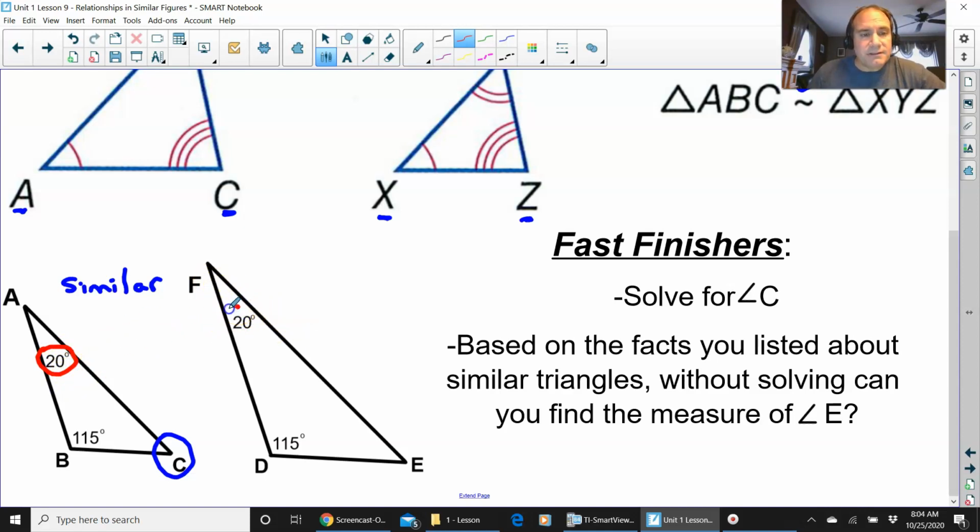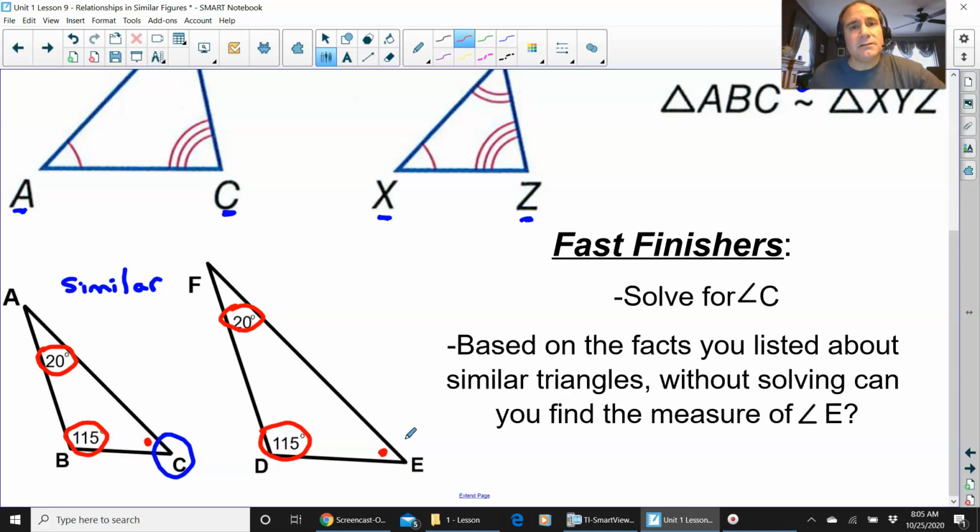Angle F is the same. These are congruent. All right, they're corresponding angles and they're congruent. Angle B is 115 degrees, and angle D is 115 degrees. Those are corresponding angles. C and E would have to be equal to each other.